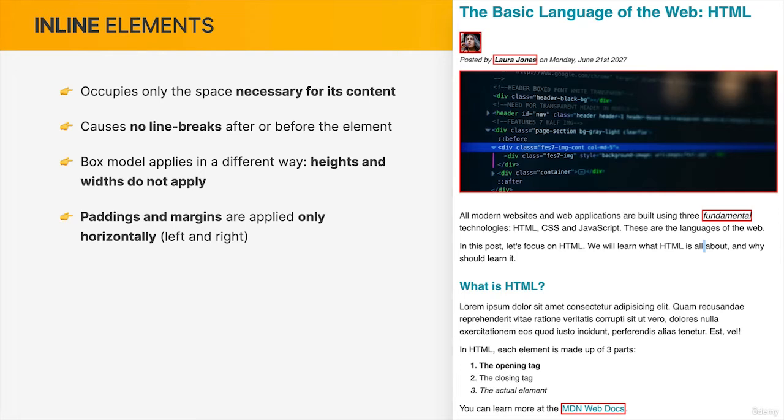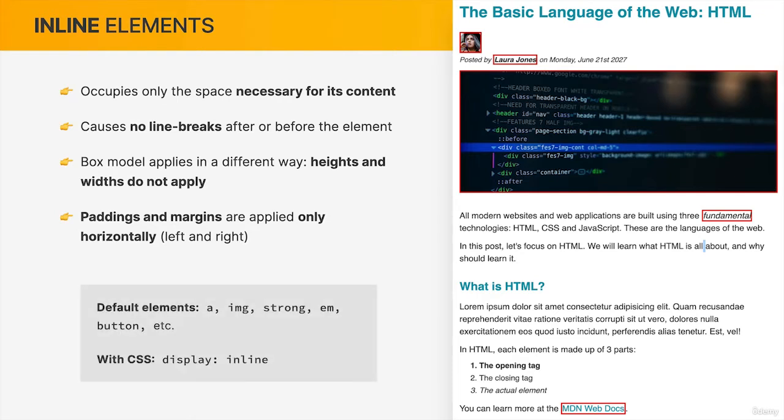And this fundamental difference about how the box model works for inline elements is extremely important to always keep in mind and to never forget, because this is a mistake that I see beginners make all the times, which is basically to not understand why certain properties of the box model do not work as expected when applied to inline elements. So take note of this, as it is very important to always keep in mind.